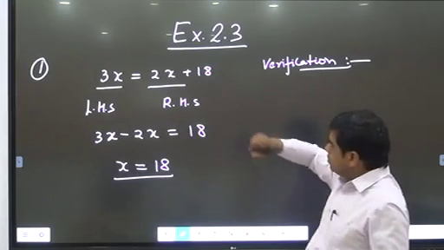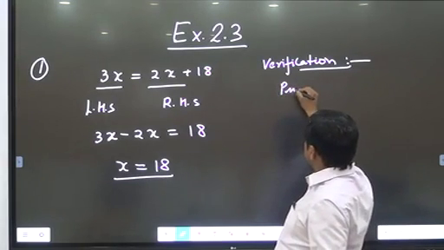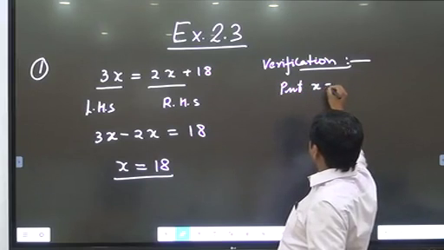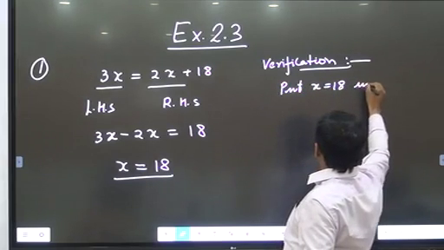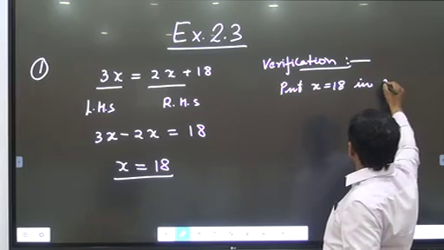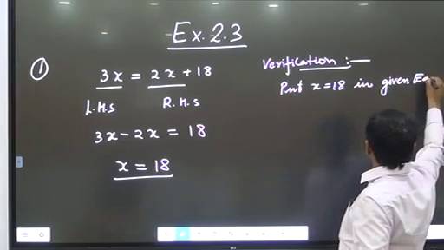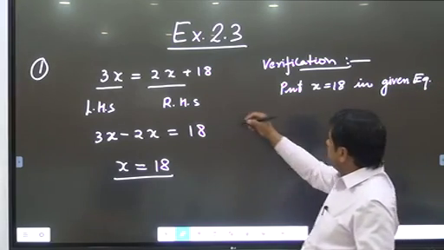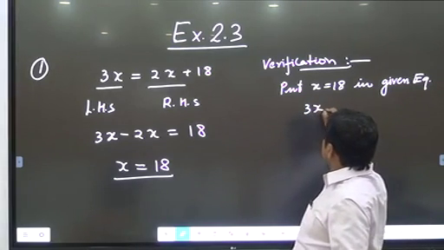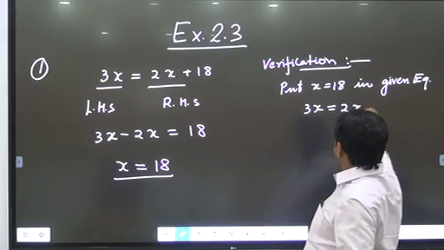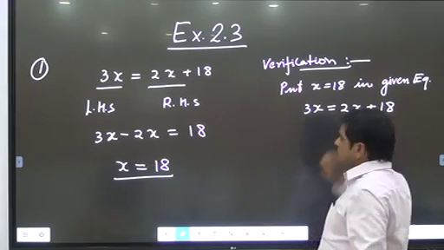So what do you do? Put x is equal to 80 in the given equation. What is the given equation? 3x is equal to 2x plus 80.